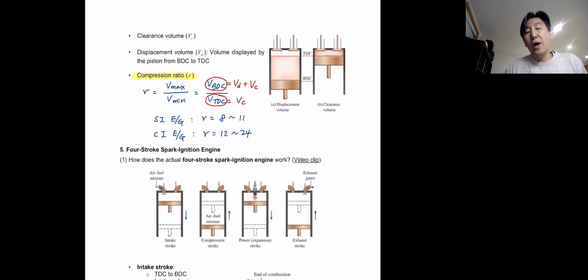We are going to discuss later why the spark ignition engine is limited in terms of compression ratio up to 11, and why compression ignition engine has a lot higher compression ratio. But please keep those numbers in mind, as general design parameters of compression ratio for those different types of engine.